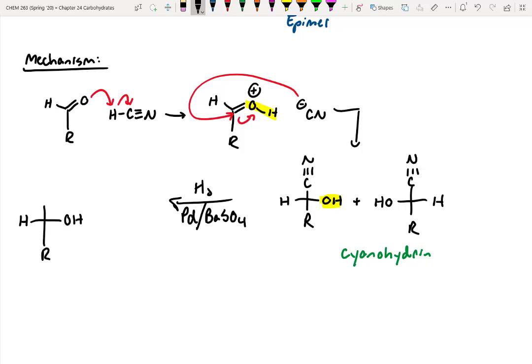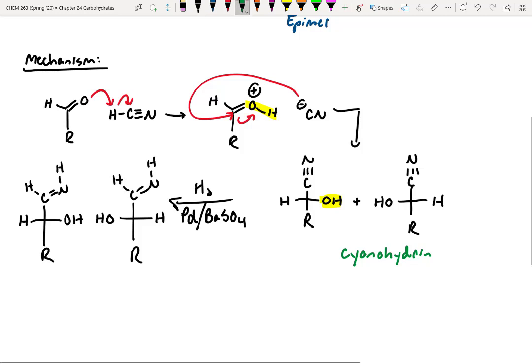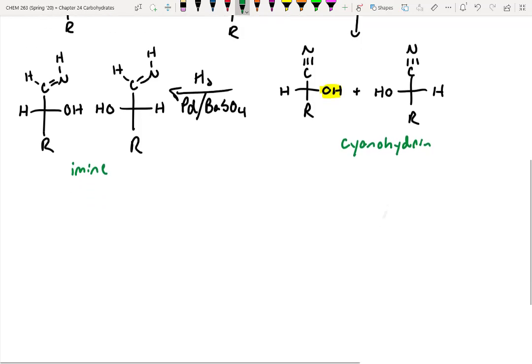So if we reduce that triple bond to a double bond, it's going to look like this now. We can imagine both of those adding in. We can also imagine our epimer over here. And when we look at this, we've converted our cyanohydrin all the way over to an imine, right? So in this case, we've got that carbon-nitrogen double bond, like we saw in our aldehyde chapter.